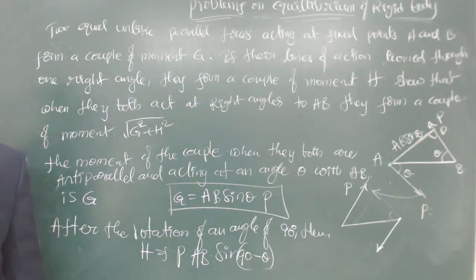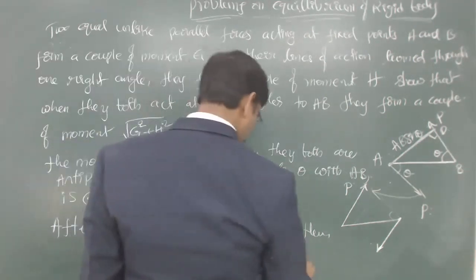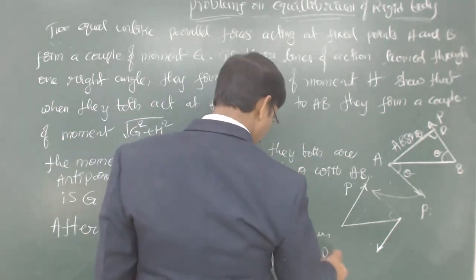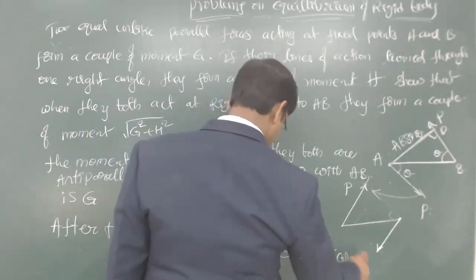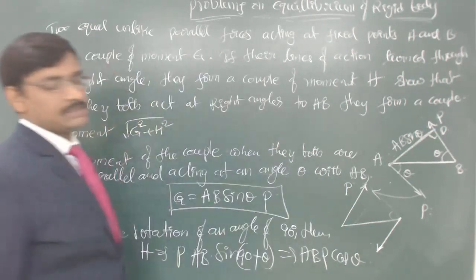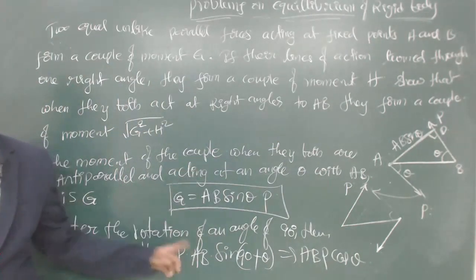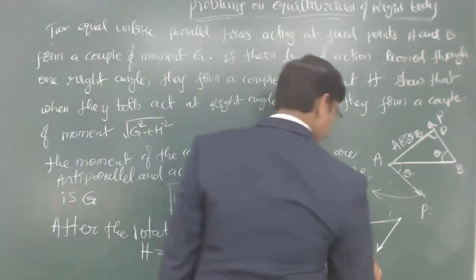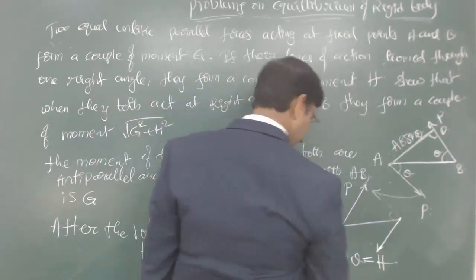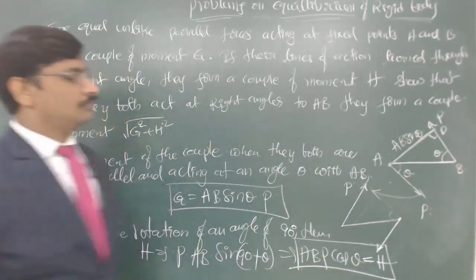Got it? Sine 90 plus theta. And then H is equal to AB into P into sine 90 plus theta, which is cos theta. Cos theta. So this is G and this is H. Got it?